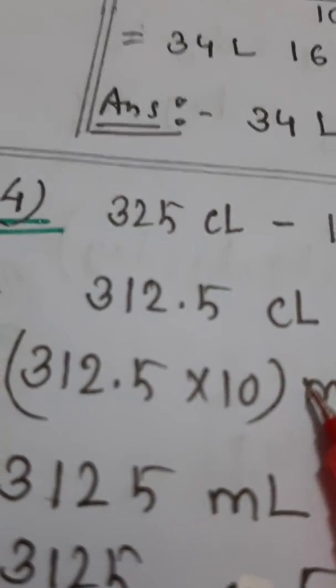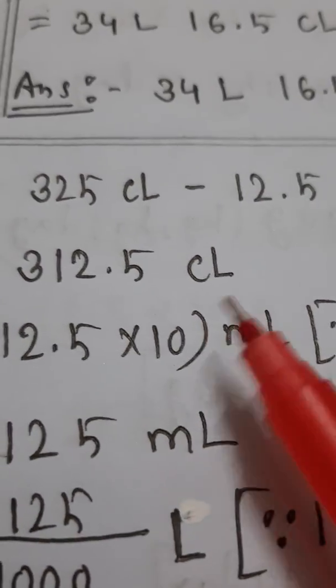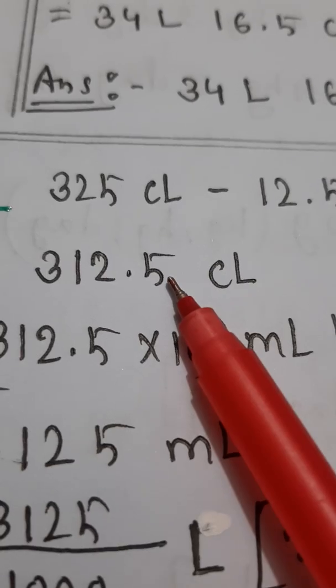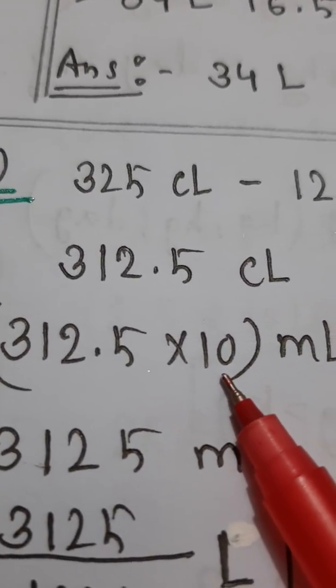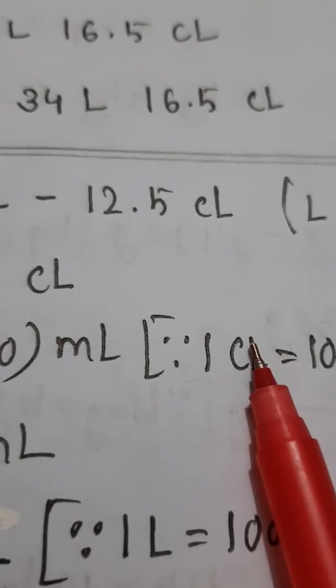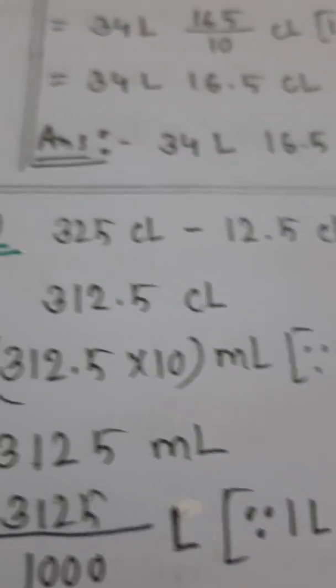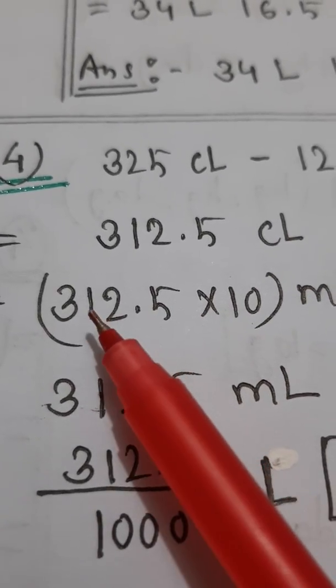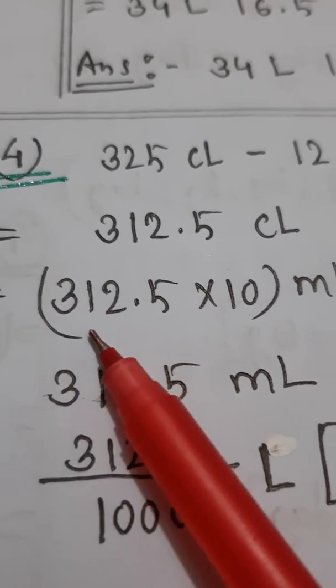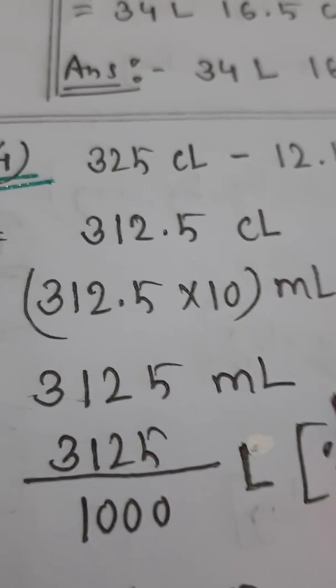At first we express the answer in milliliter. Centiliter to milliliter, we multiply by 10, because 1 centiliter equals 10 milliliters. So the answer is 3125 milliliter.